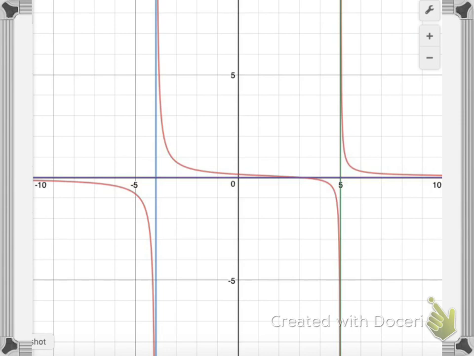Now, this point right here, that is my y-intercept. This point right here, that is my x-intercept. So be sure you are paying attention to that when you do your graph. Here, my green line is one of my vertical asymptotes. My blue line is a vertical asymptote, and you can't really see it, but there's a purple line that goes through the origin, and that's my horizontal asymptote.